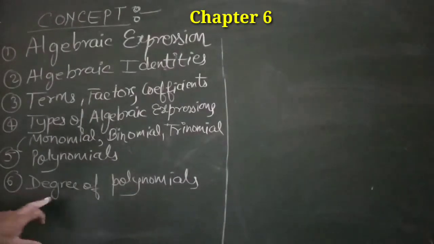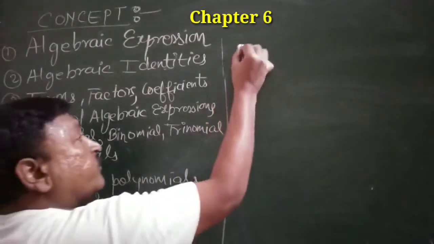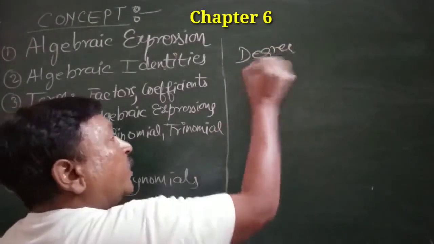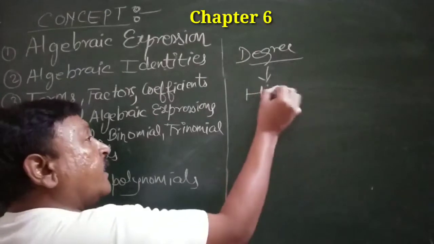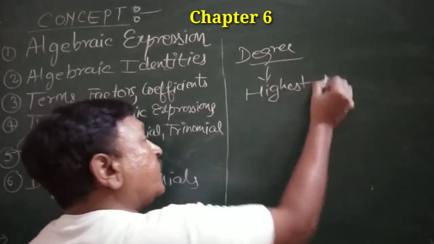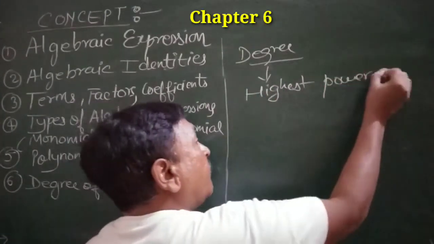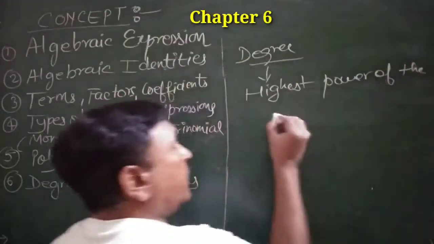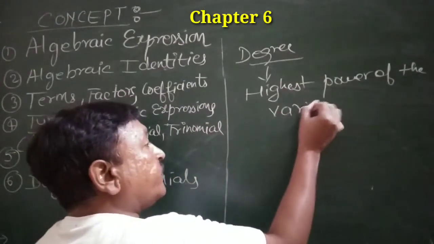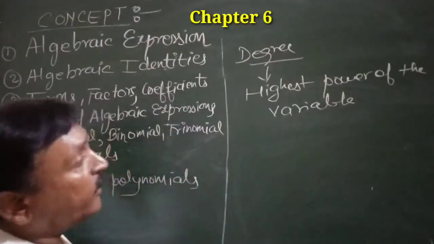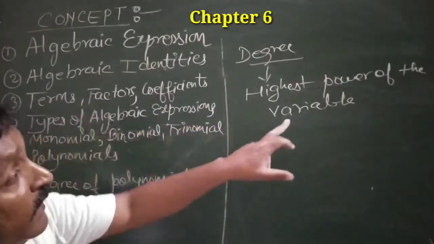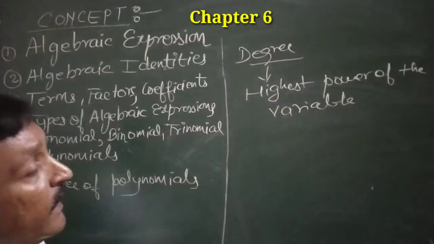Now the last topic, degree of polynomials. Degree means the highest power of the variable. The highest power of the variable is called the degree of that expression.